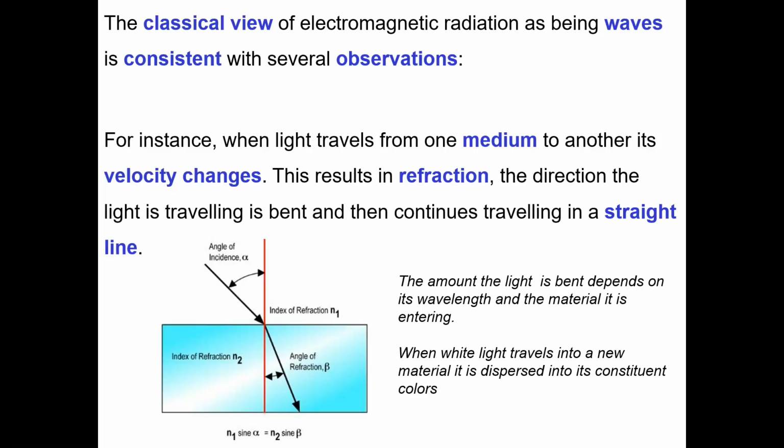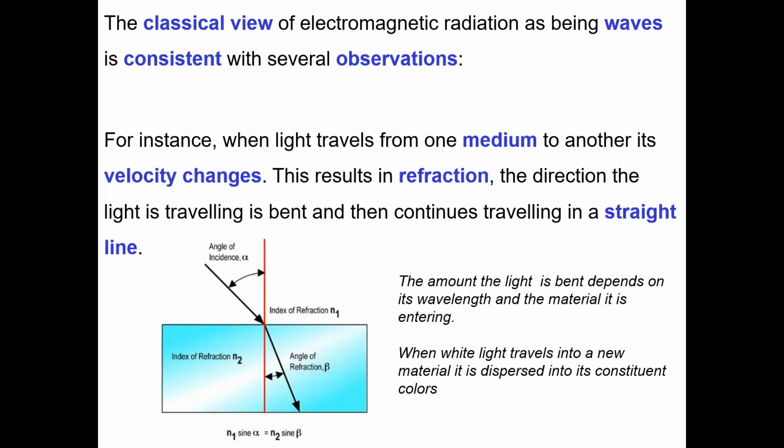And that gives rise to what we call refraction. That is that the light gets bent when it moves from one medium to another. And that's why glasses work. When the light moves from air into glass, it gets bent, and that allows us to focus the light to a point.